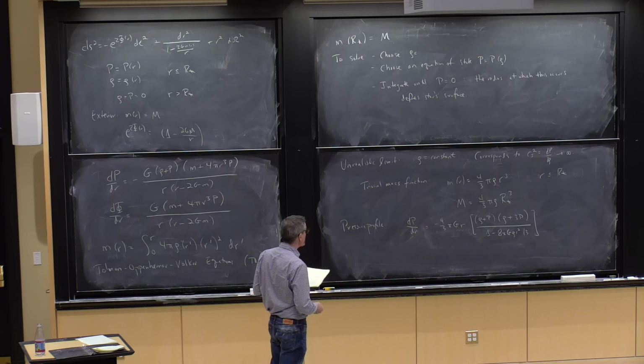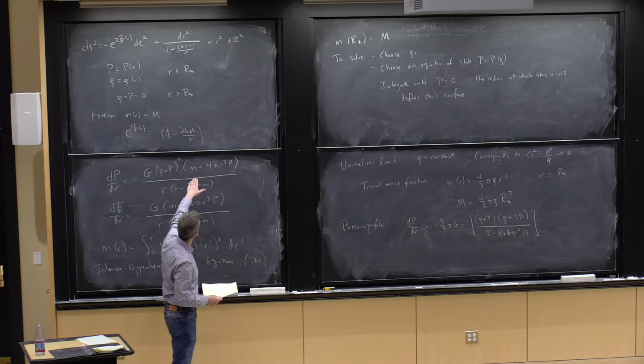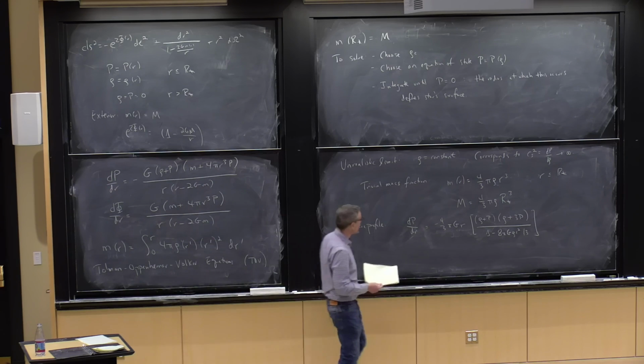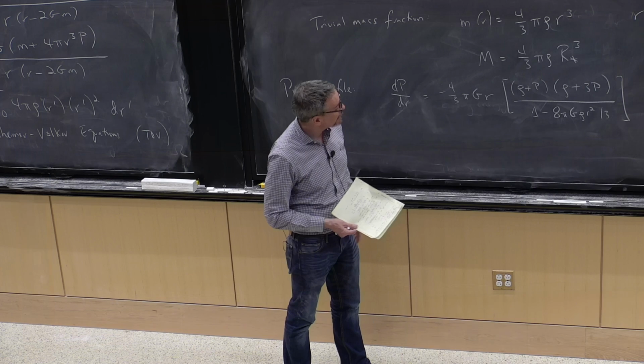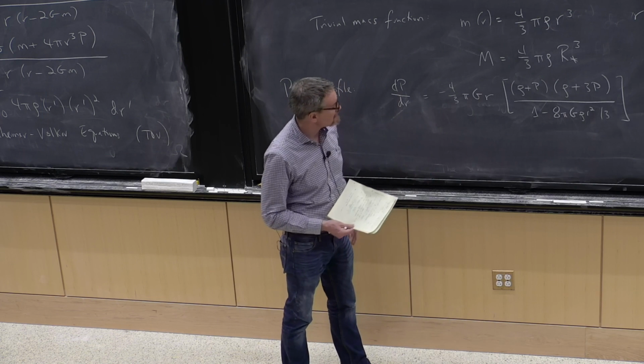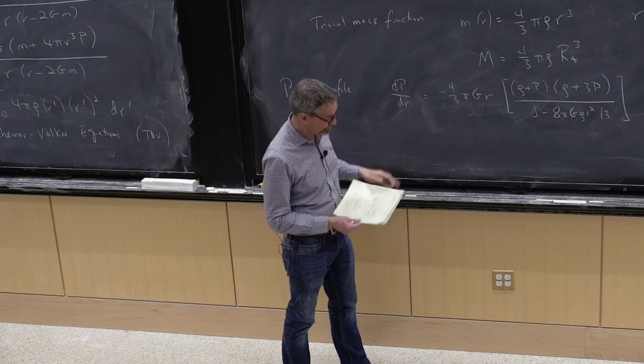What I did here is I pulled out my factor of 4/3 pi r cubed, factored that out, and then canceled an overall factor of r squared in the denominator. So this is simply what I have over here with this mass function defined. We want to solve this to find p.